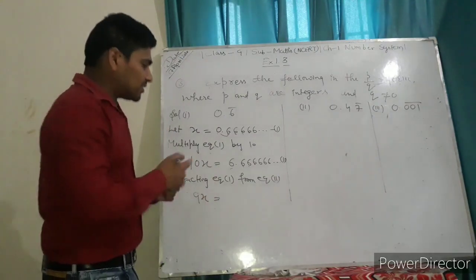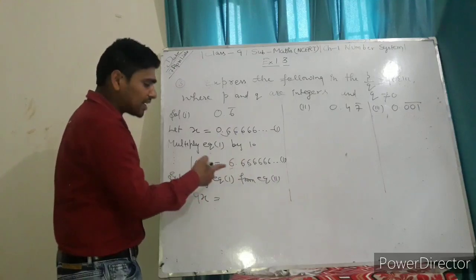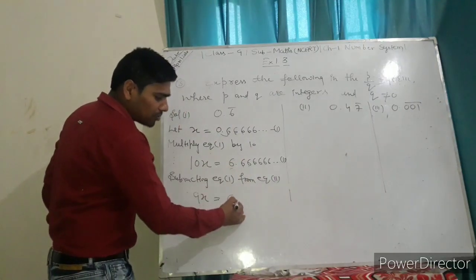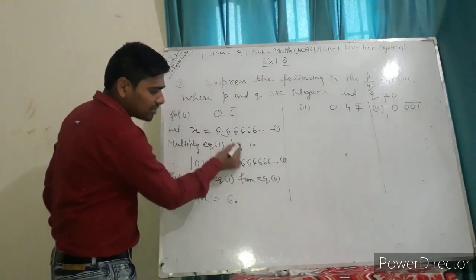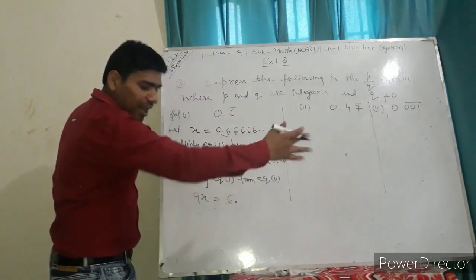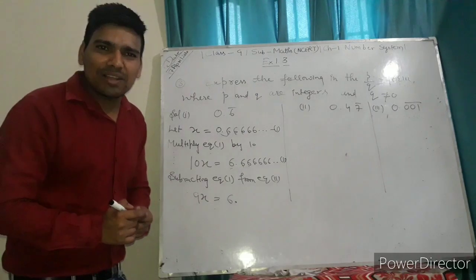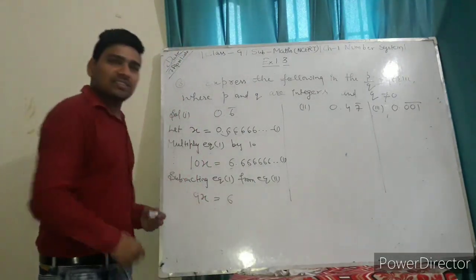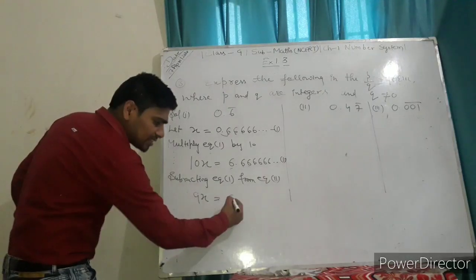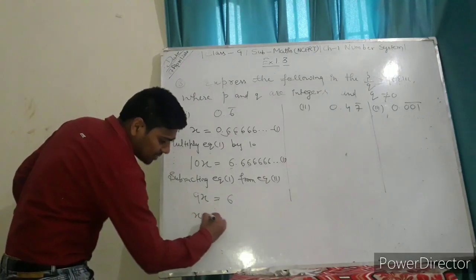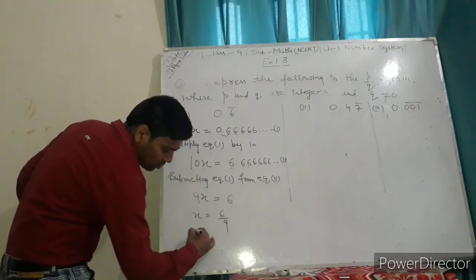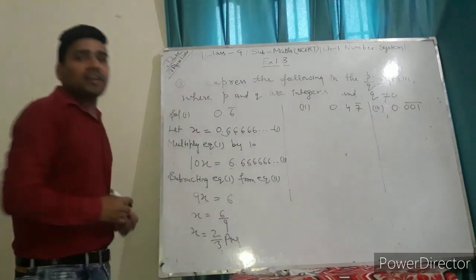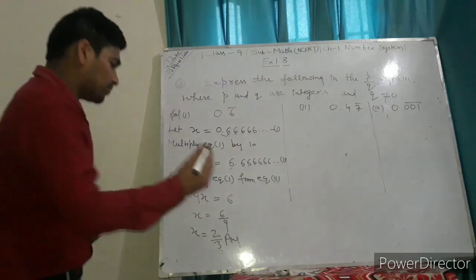Now you have to subtract the right hand side, 6 minus 0, so this is 6. After the point there will be 6 minus 6, 0, 0, 0, everything is 0 after the decimal. There is no value of that 0, so we will not mention it. So 9x is equal to 6, so x is equal to 6 upon 9, so x is equal to 2 upon 3. Answer. I think you got it.